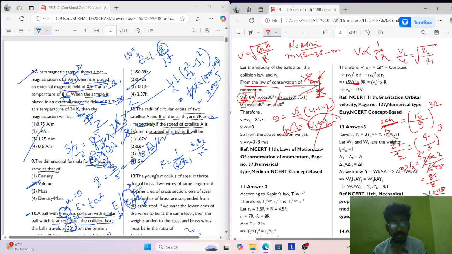So v1 is what? v1 is 5v. We have to calculate this v2. And what is r2? r2 is r plus r, means 2r. This is 10r. r will cancel out. 2 by 10 is 5. So v2 will be equal to 5 root 5 v.